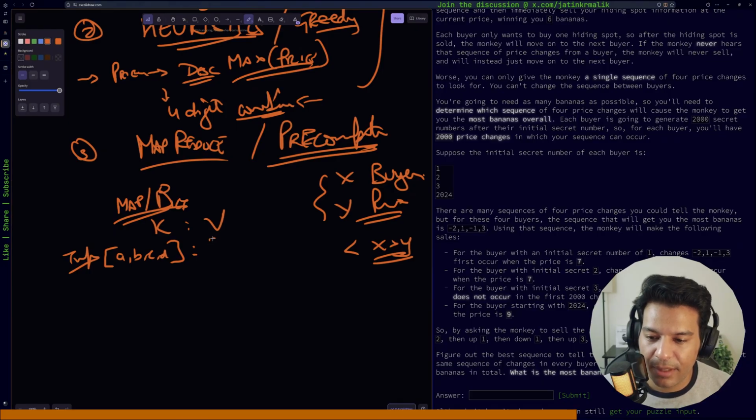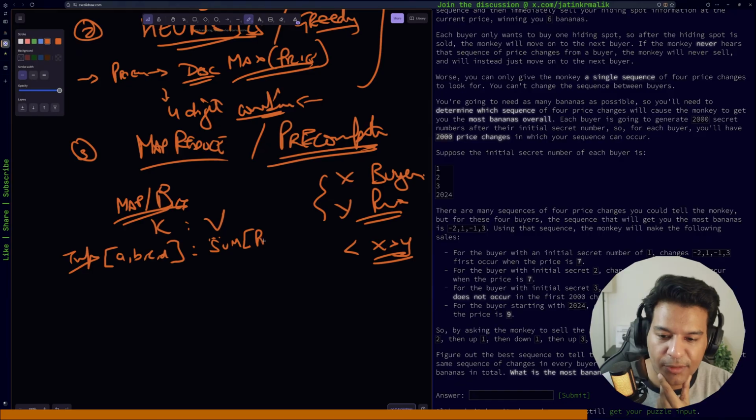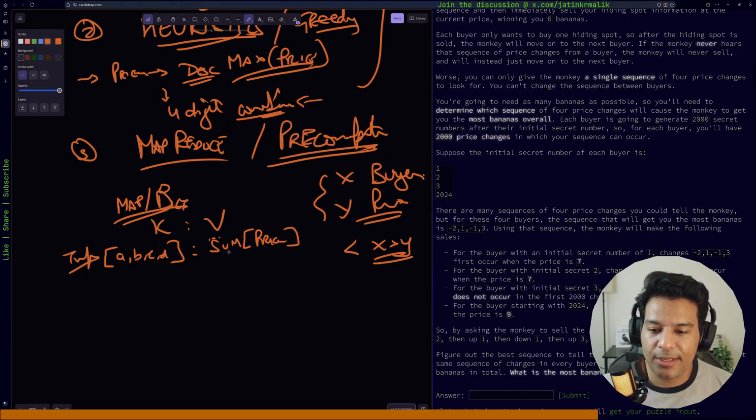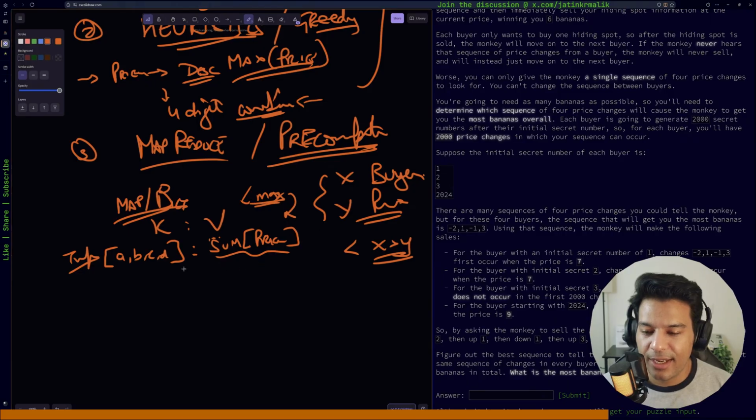In this example, we store the sum of prices across all the buyers. You don't even have to store the sum, you can also store a list, but I was thinking of storing the sum. As you generate more and more sequences, you already have a heuristic where you can keep the max value always pointing to it.